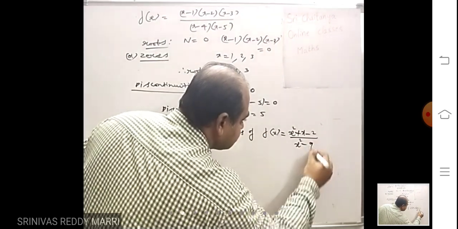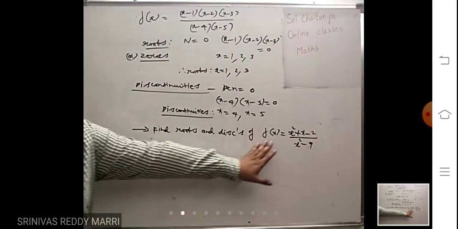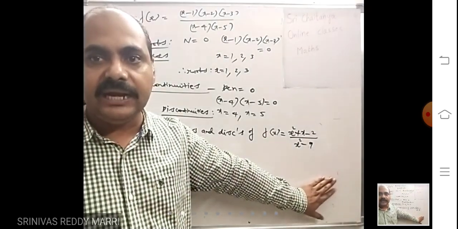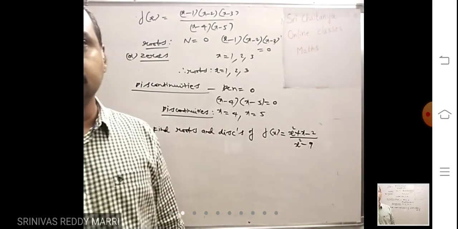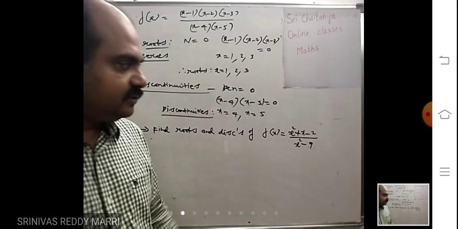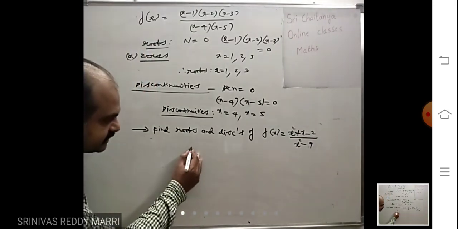I have given it like this. You have to find the zeros and discontinuities of this f of x. Right? So what are the zeros and discontinuities?